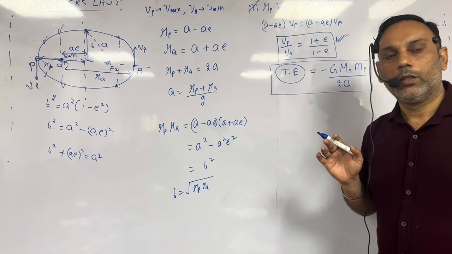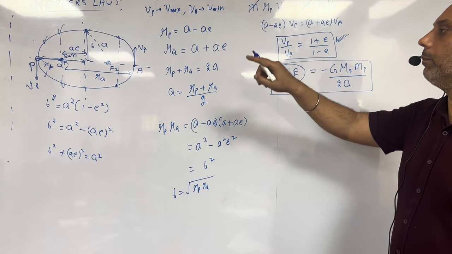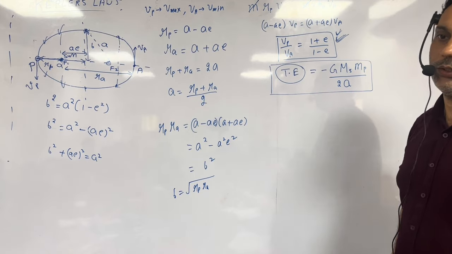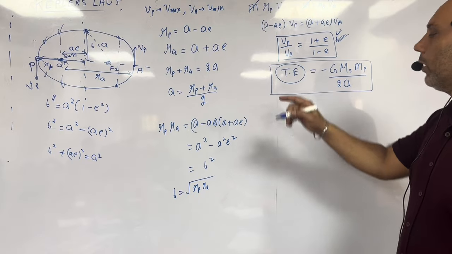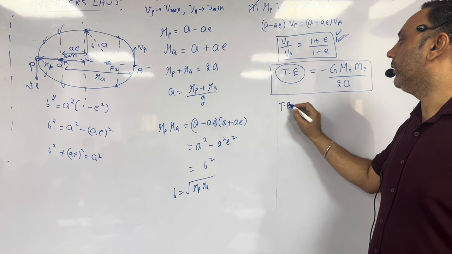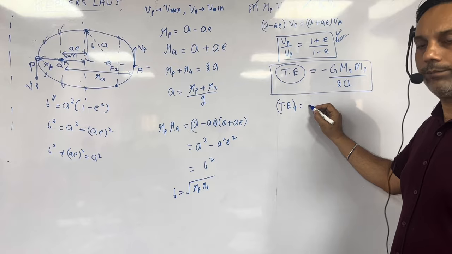No problem. You consider the energy at any 2 points, for example at perigee and apogee, where we already know the relation between velocities. So at perigee, total mechanical energy will be what, beta?